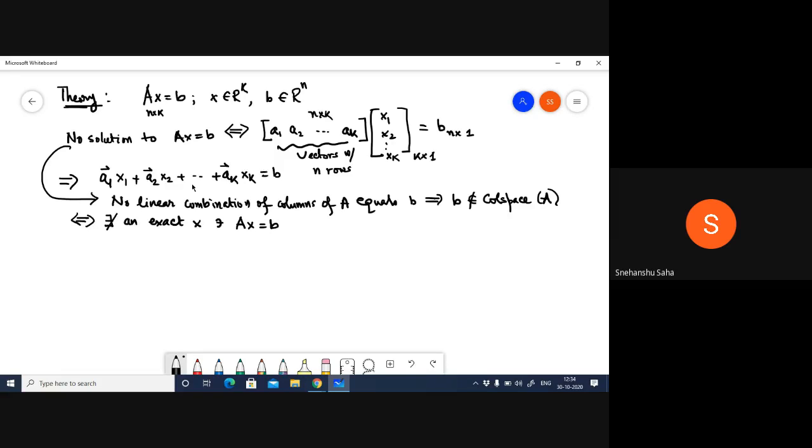Now, however, what if there exists an approximate X? Let's call this X star, such that Ax star equals B. In other words, if we cannot solve Ax equal to B, can we solve Ax star equal to B?